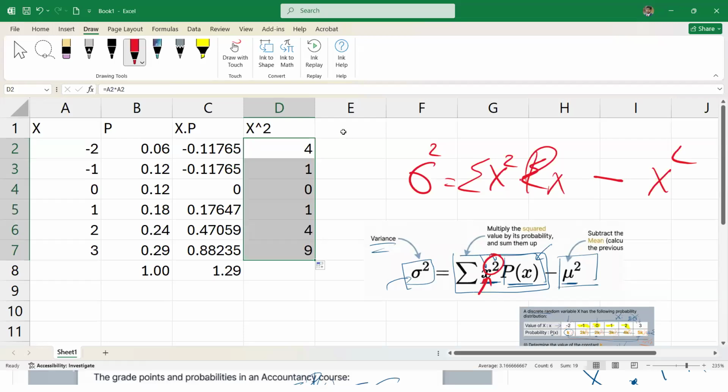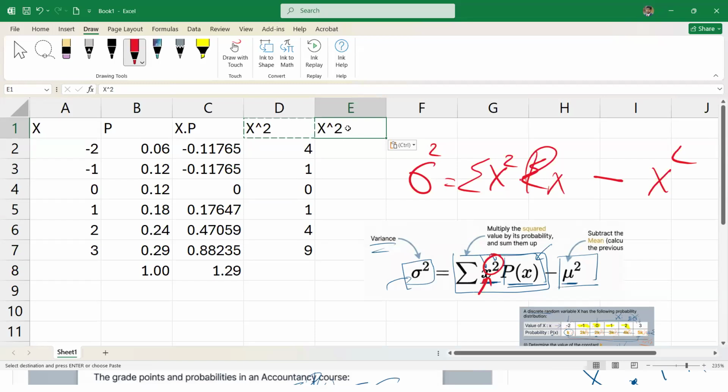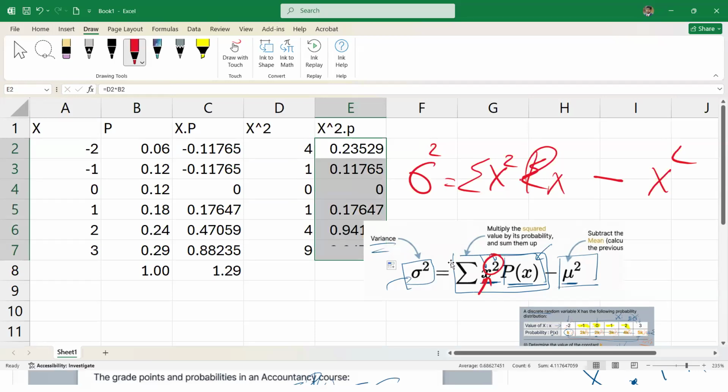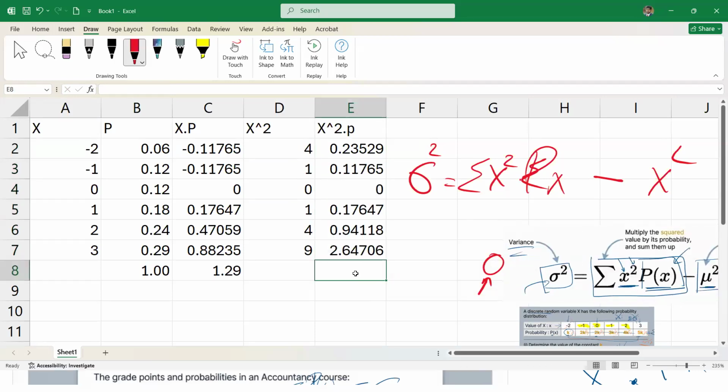And then we have to multiply this value with px probability p. Simple. Here this value into p, probability of x. Then take all this together and we will get the sum.